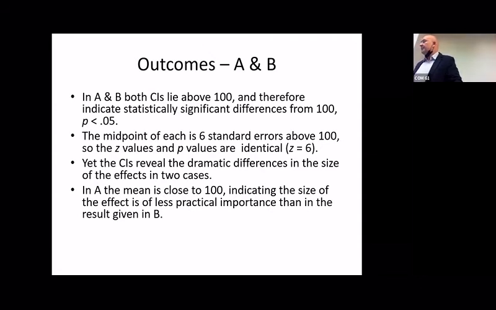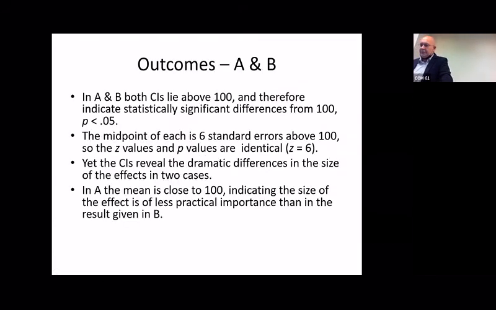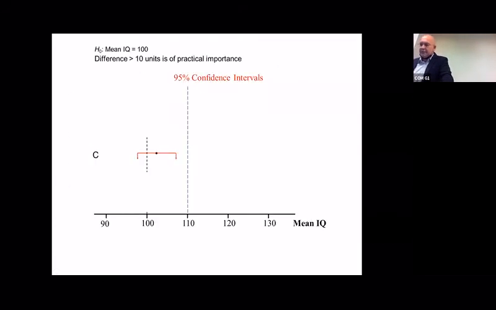This is a made-up example, so I've kind of made it nice for everyone so that these both have the same Z values, but if you were to repeat this study properly, you'd probably get a result here, not right up here, but it depends. You're going to get different results every time. So this is just for explaining. Okay, so let's look at C.